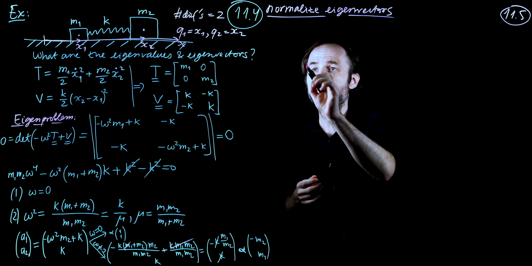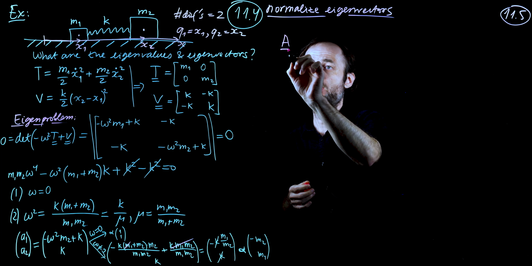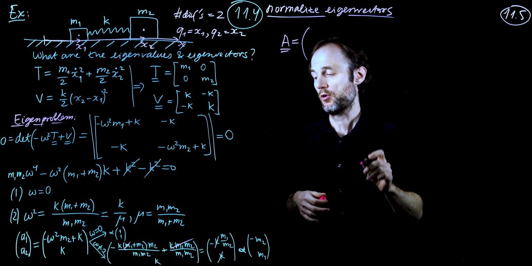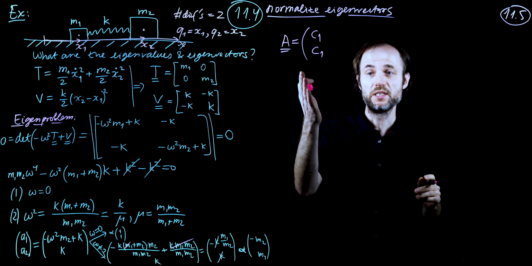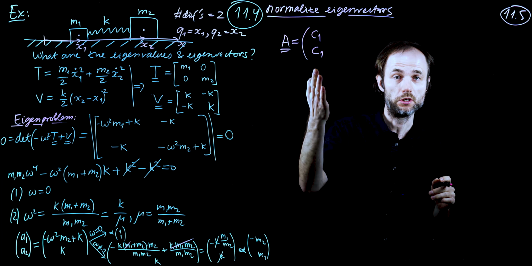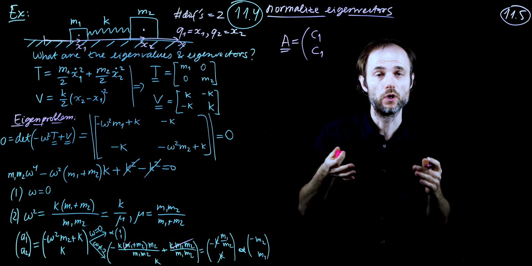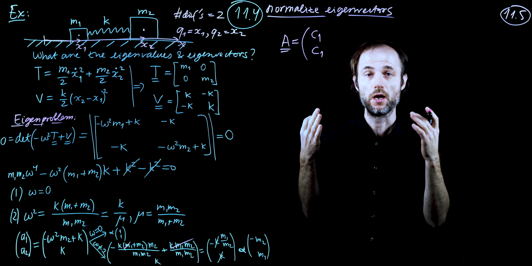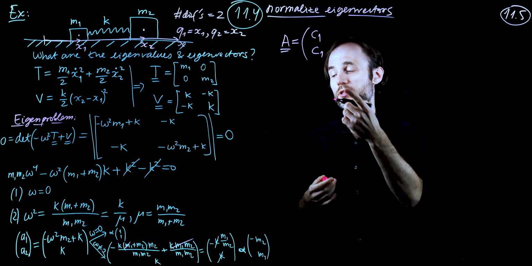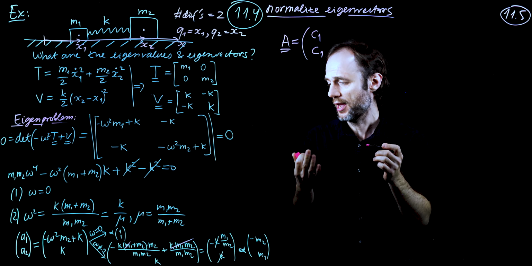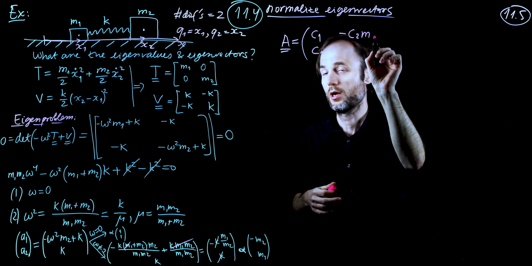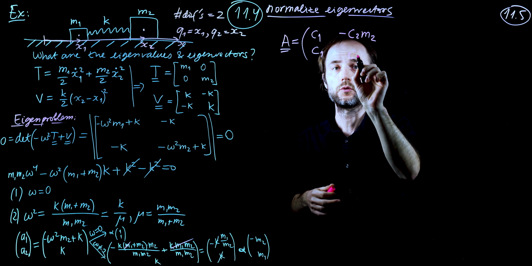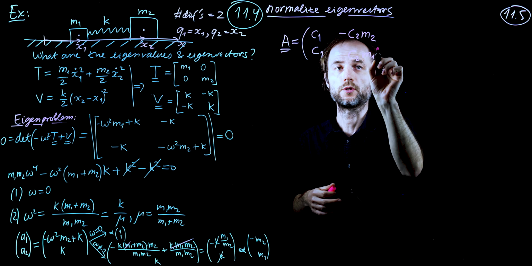So let us construct a matrix made up of eigenvectors. The first one is going to be the 1, 1 eigenvector, which we denote as C1, which will be the normalization of our eigenvector. And the second one will be minus C2 times M2, and C2 times M1.